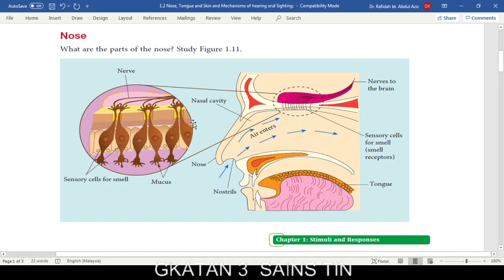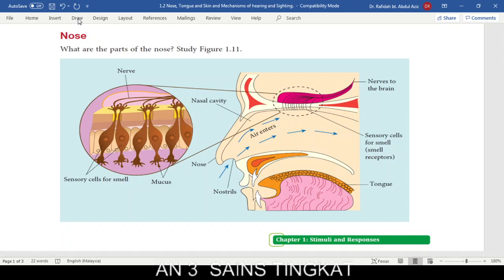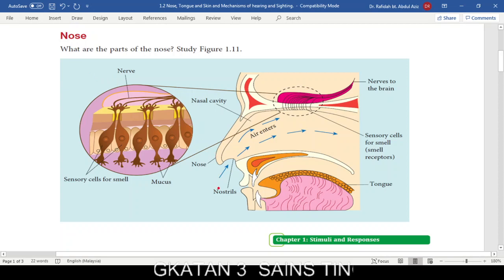First of all, what you have to know is that the nose consists of two holes, and we name them nostrils. From the nostrils, air will enter into the cavity.